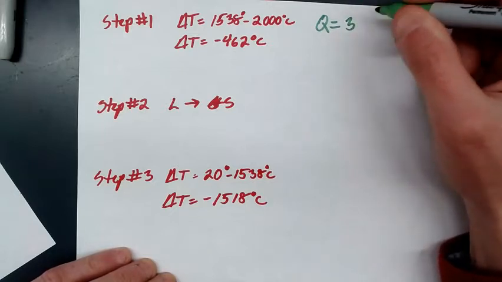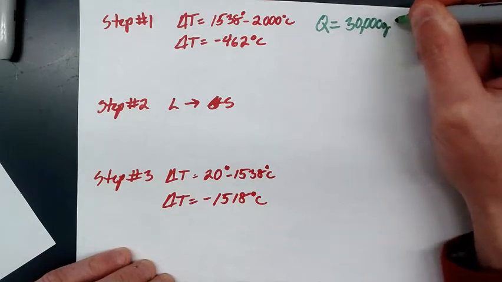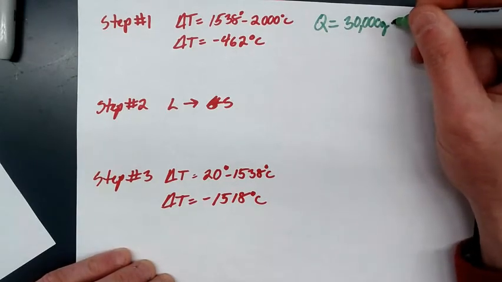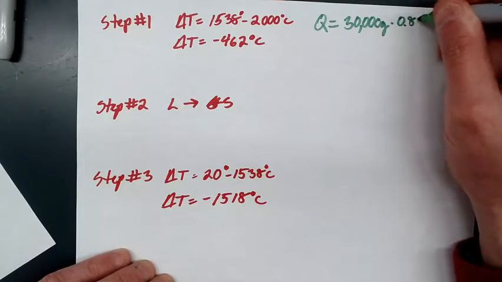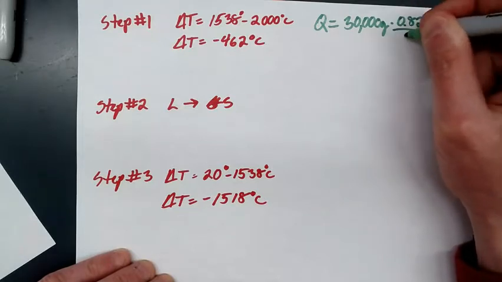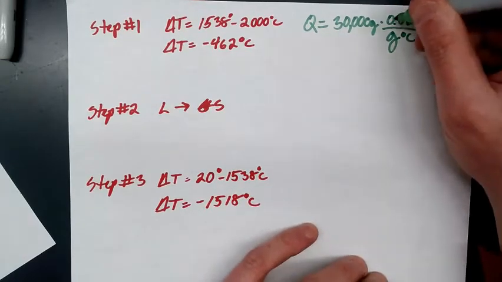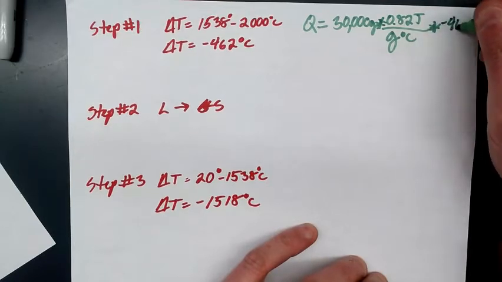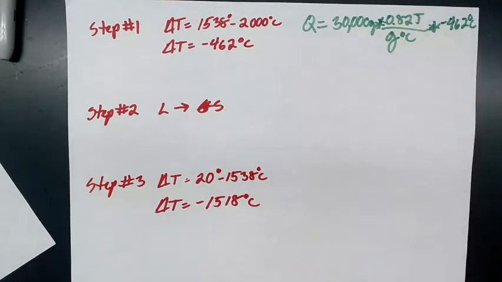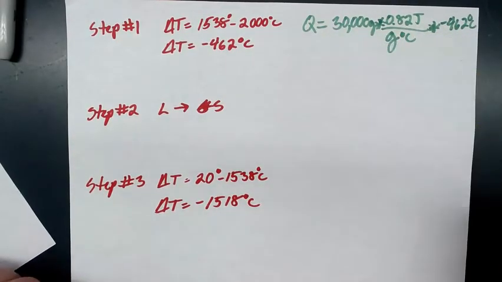In this case, it's 30 kilograms, otherwise known as 30,000 grams. We're going to multiply it by our specific heat of liquid steel, which is 0.82 joules per gram for every degree Celsius, and multiply by negative 462 degrees Celsius. All right, so this is going to eventually give us a Q that's negative, which is not surprising.